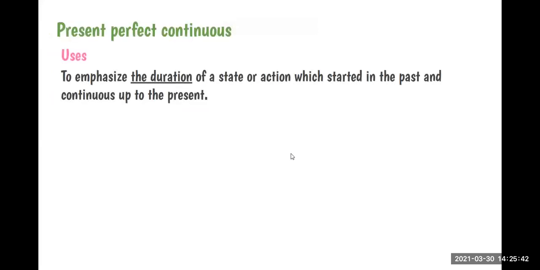So, started in the past and continues up to the present. For example, I have been taking online courses since the quarantine began. Okay, so in this sentence, we are emphasizing the duration of the action.